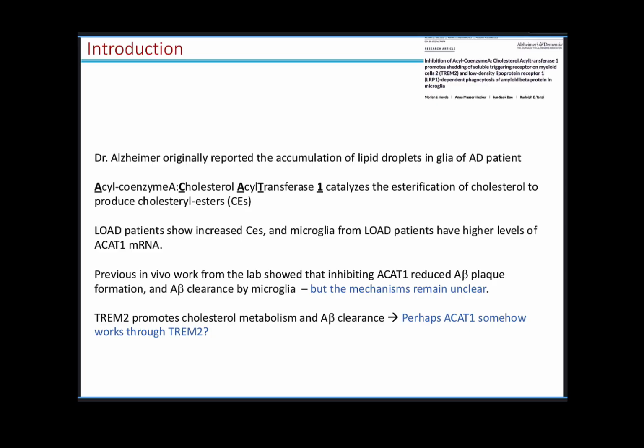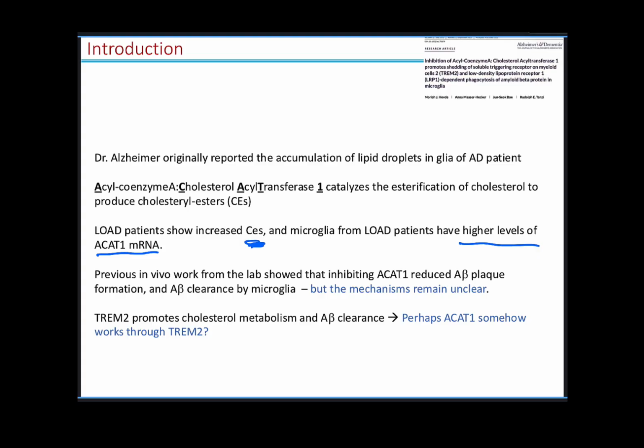What previous research showed is that patients who suffer late onset Alzheimer's disease have increased cholesterol esters, and their microglia have higher levels of ACAT mRNA. The microglia in these patients are producing more ACAT1 mRNA, which presumably would lead to the formation of CEs, which would then be picked up by neurons in LOAD patients, right?